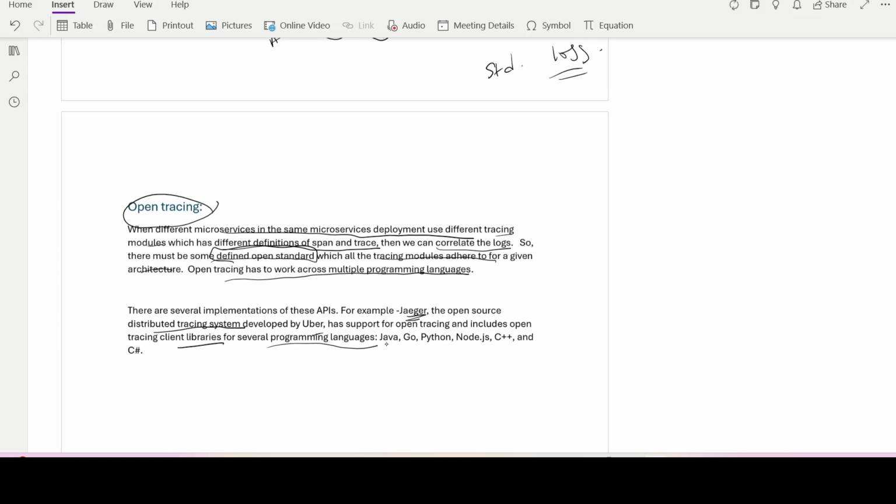So if the microservices are developed in Java, Go, Python, Node.js, C++, or C#, these applications in different languages can follow the OpenTracing standard, so that it is easy for tracing applications like Jaeger to understand and analyze the logs.